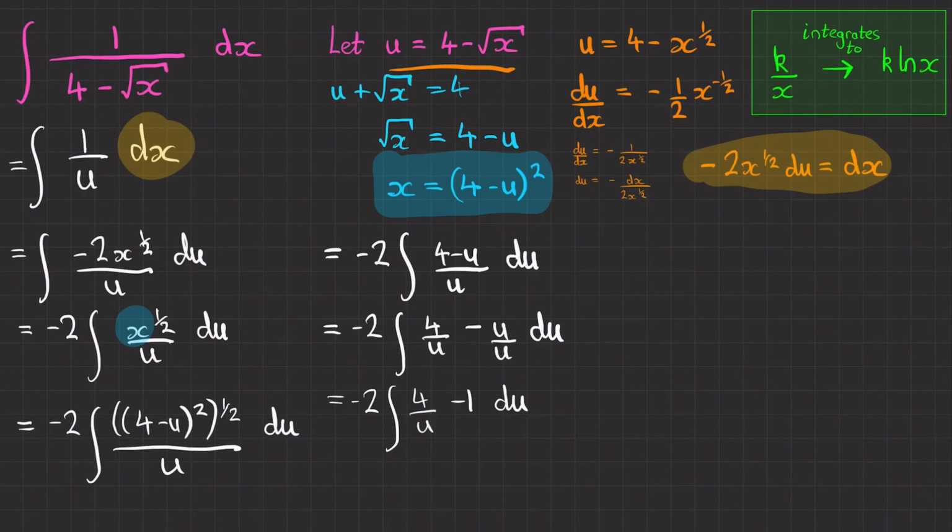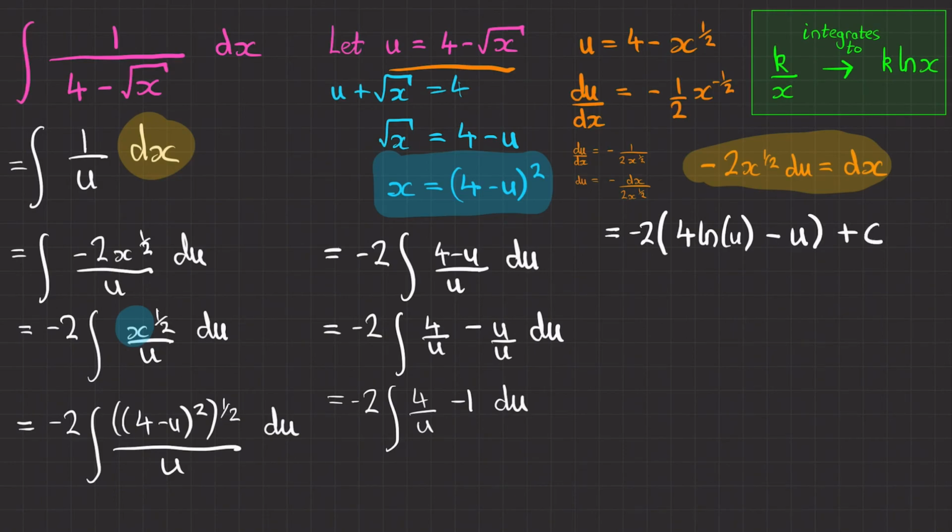So now that we can integrate, we'll have equals minus 2 lots of, well, 4 over u, I've actually put the information up here of how it integrates. So this will actually become 4 ln u, and then we'll have minus u plus c.